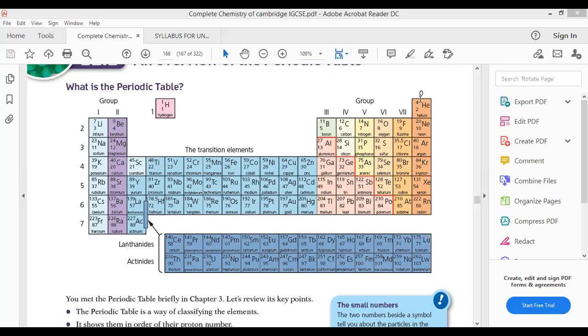But how do you study groups? Groups are in a vertical column from top to bottom. You can see here, when we travel from Li to Fr, from top to bottom, understand? From top to bottom, what do we call it? From lithium to francium.